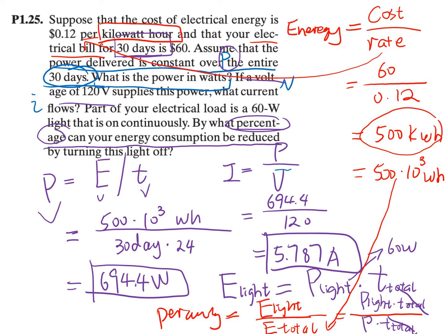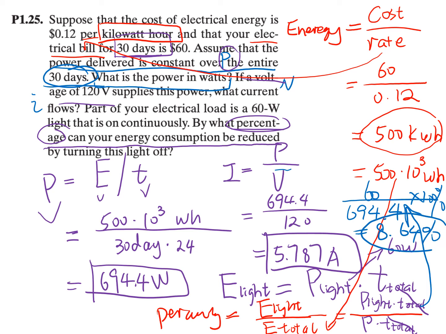So we have P light divided by the total P, and that's 60 divided by 694.4 times 100%, and you get 8.64%. So that's our final answer.